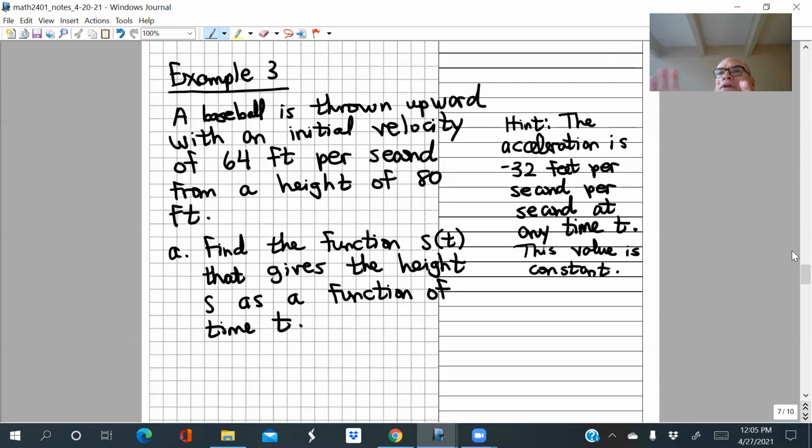We have some quantity that we're interested in observing and measuring. But frequently in science, we have knowledge of how that quantity is changing.